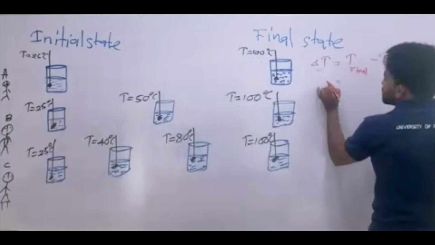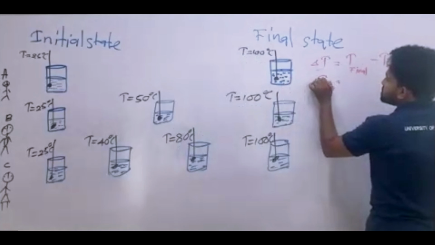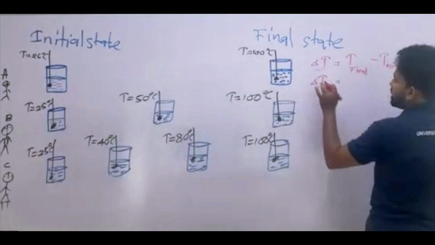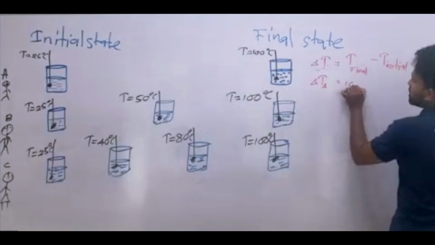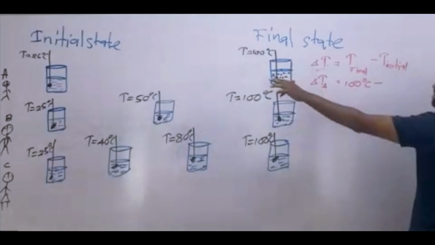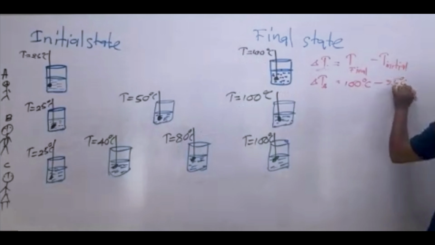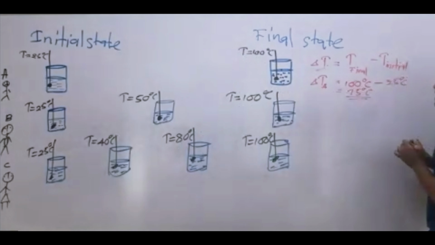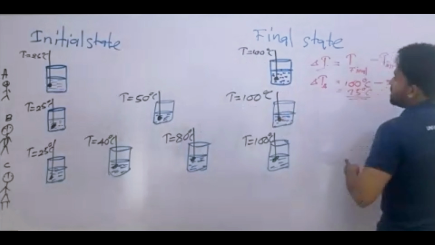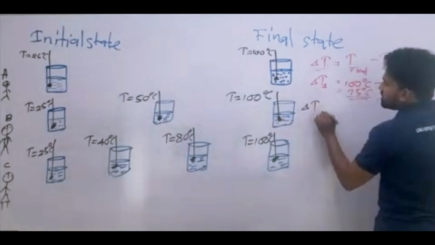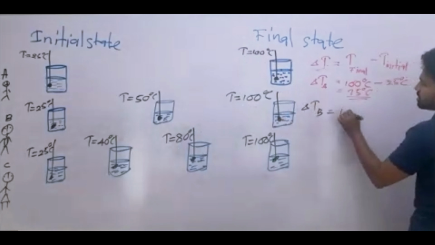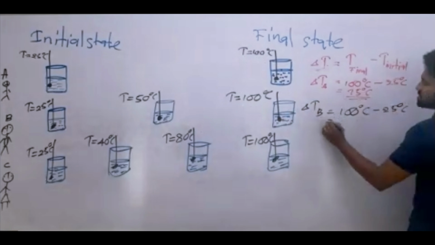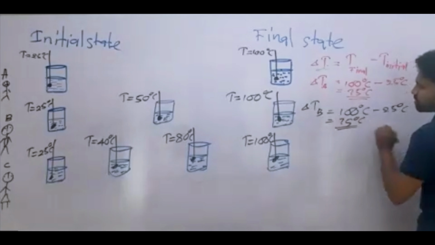The temperature difference of A, delta T of A, is equal to 100 minus 25, that is 75 Celsius. Let's move to B. Delta T of B is equal to 100 Celsius minus 25 Celsius, that is 75 Celsius.